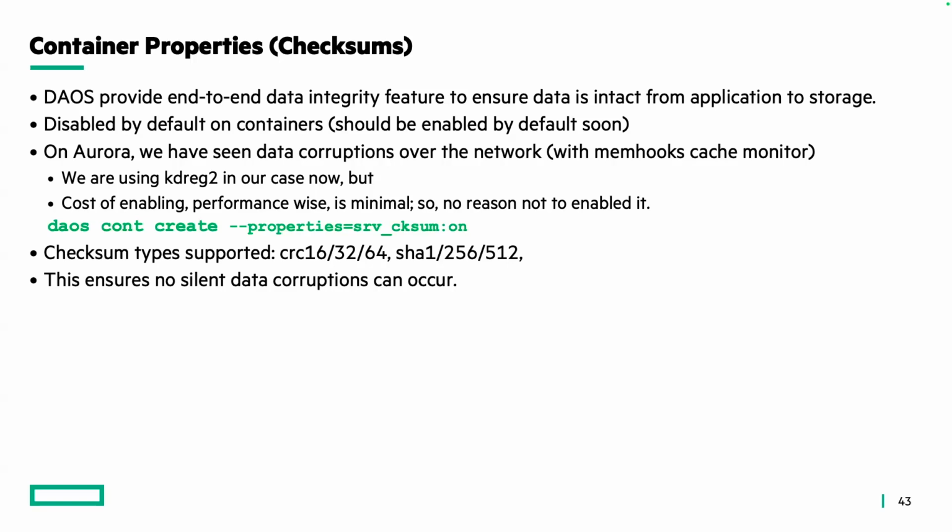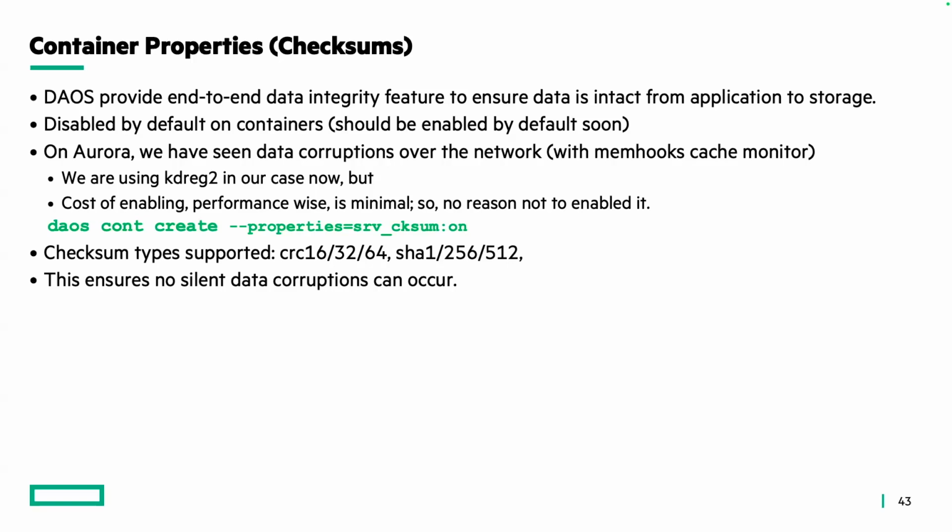Actually, my question was in regards not to POSIX structure, but in general, like checksum. Yes, we're talking about POSIX here mostly, but there is also a DAOS container check for generic containers.